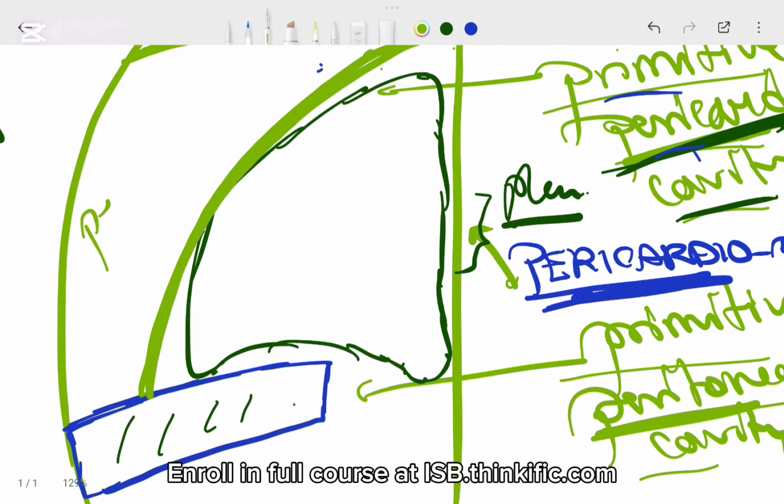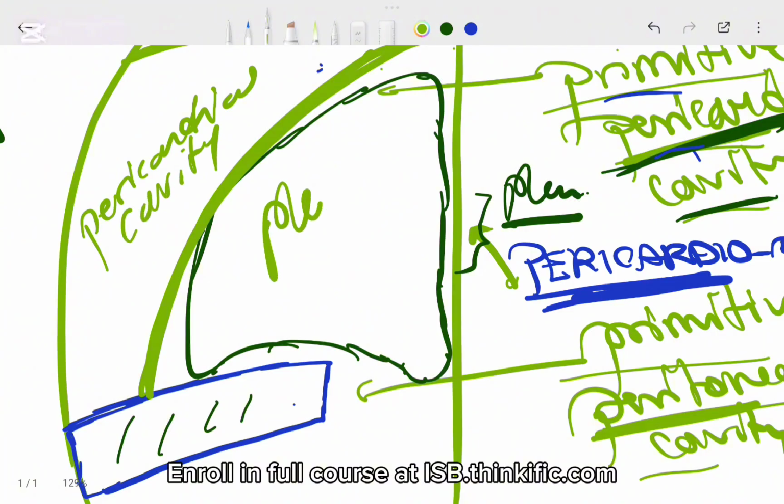And this is the pericardial cavity, and this is the pleural cavity, which used to be the pericardio-peritoneal canal, and this is the membrane between them, pericardio-pleural membrane or pleuropericardial membrane, whatever you like. And below, still the same situation, it's closed. By which membrane? Pleuroperitoneal membrane.